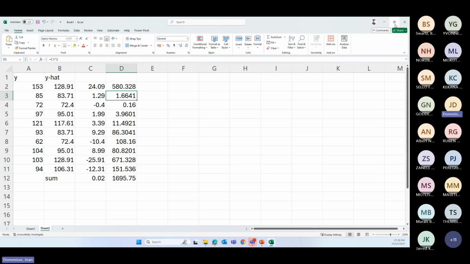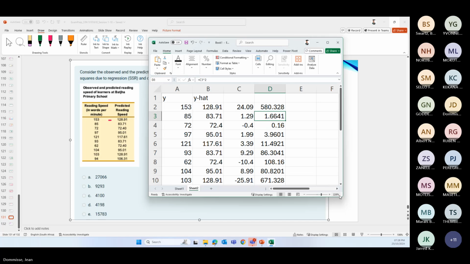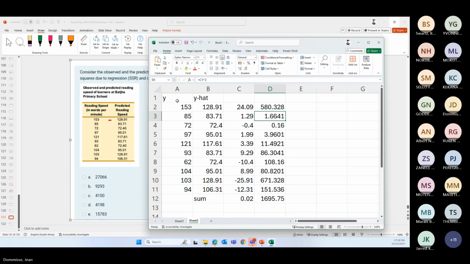So let's just check if I used the right numbers. 153, that, so minus, and then square root. 85, that is 72, that's right, right, right.